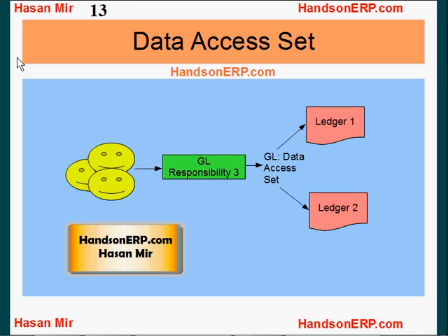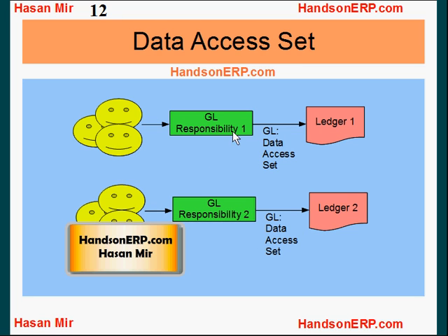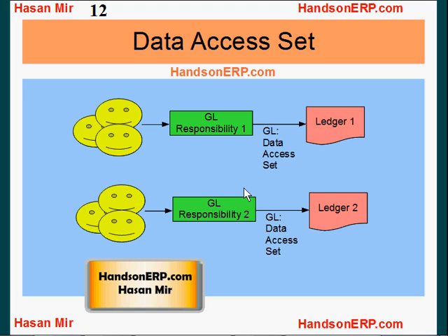The other option was you could have given this group both responsibilities 1 and 2, but then they have to switch back and forth between responsibility 1 and 2. So whenever they want to view journals in ledger 1, they would go in responsibility 1, and whenever they want to view activity in ledger 2, they will switch back to responsibility 2. That is not very convenient if somebody wants to have access to both the ledgers.